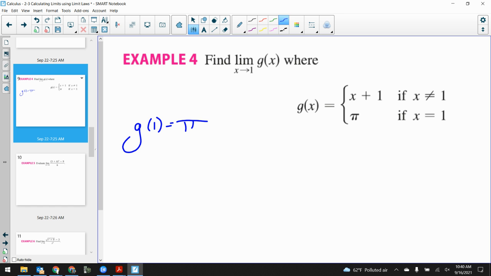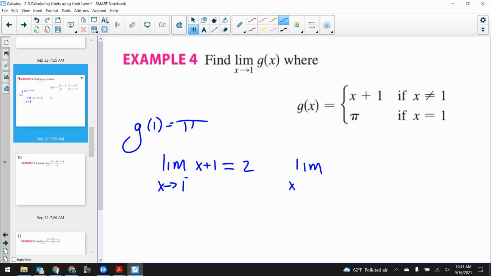No. So what I truly have to do is ask, what's the left side limit? The limit as x goes to 1 in the negative direction is going to lead me to this piece, right? Anything to the left of 1 is going to give me x plus 1, so that would be 2. So the limit from the left is 2.